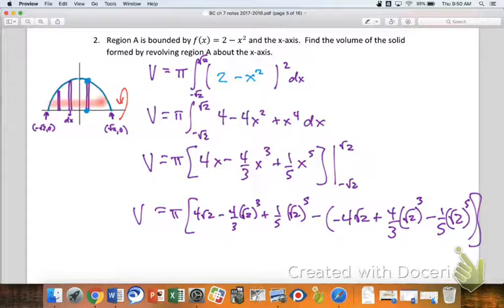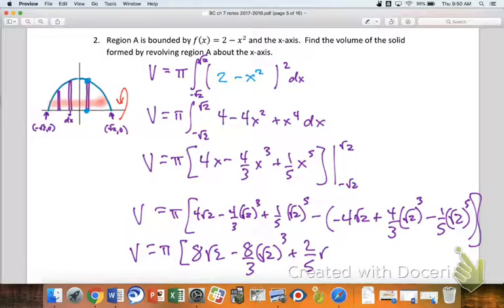So some things might add up. Volume equals pi times 8 root 2, wouldn't it? And then minus 8/3 root 2 quantity cubed, and then plus 2/5 root 2 to the 5th. Got some nice, lovely like terms to be added there.